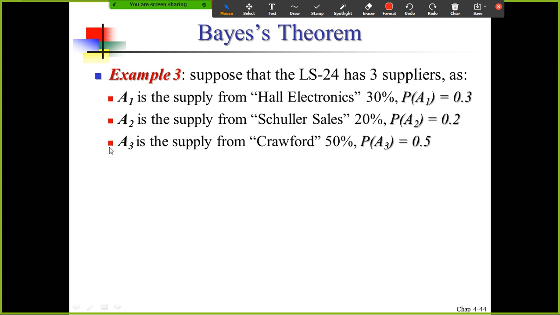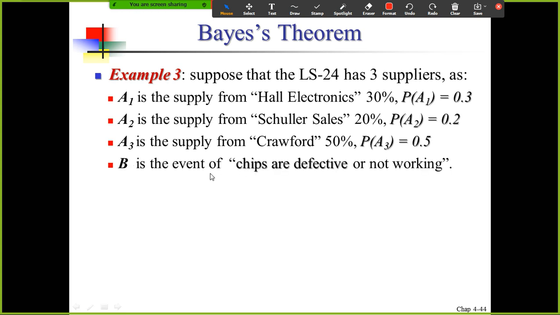We have up to 3 events from this: from Hall A1, from Schaller A2, from Crawford A3. B is the next event. Sorry, not probability. B is the next event. B is the event that chips are defective. Defective, not working, broken.